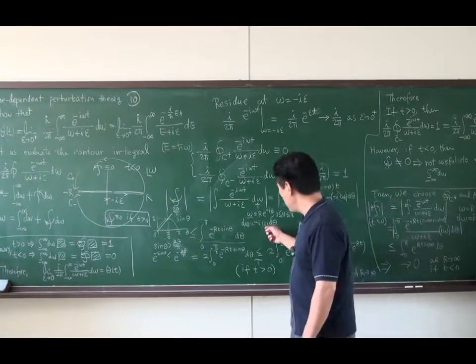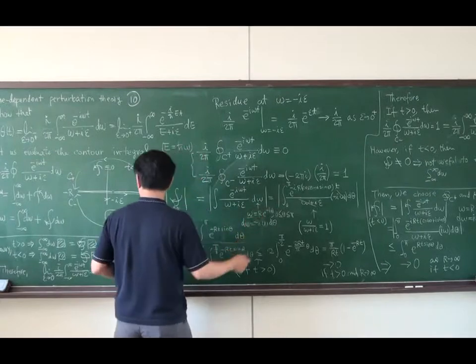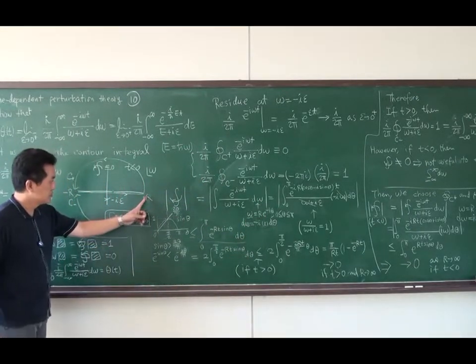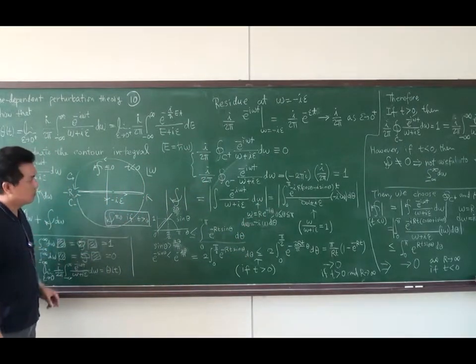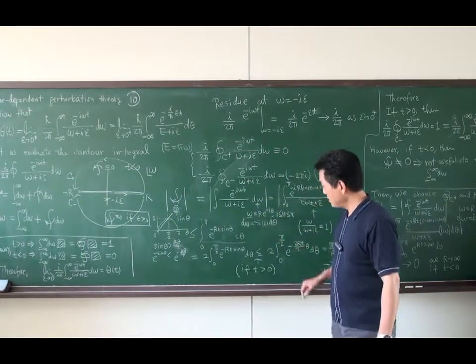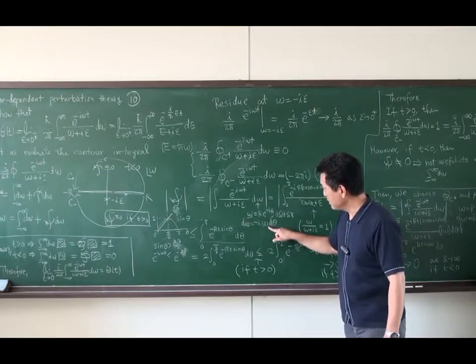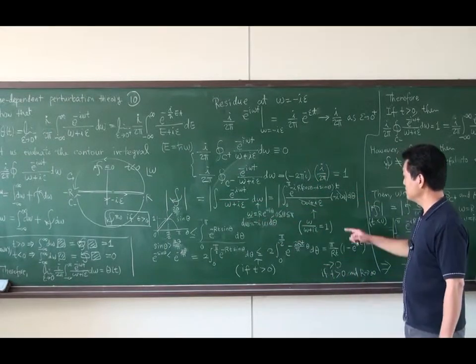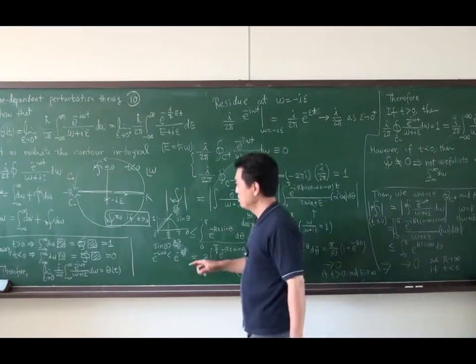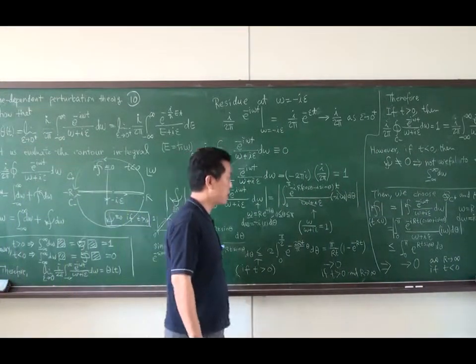If I substitute this value in here, the integral along this lower semicircle has no pole at all, because the omega in the numerator and the omega in the denominator cancel. There is no pole because the pole is only at omega equals minus i epsilon.